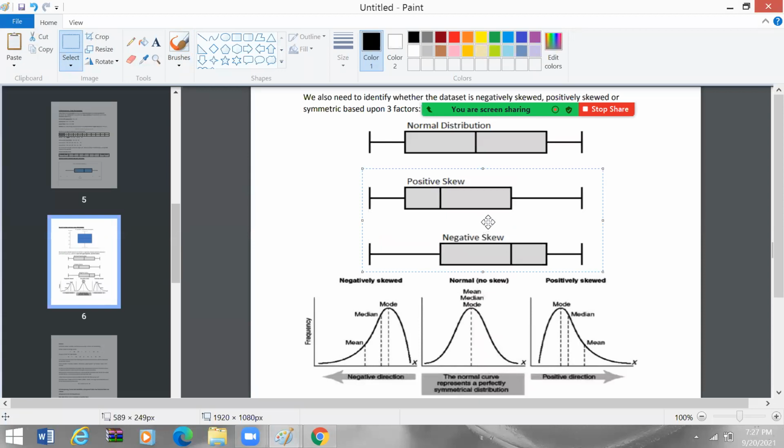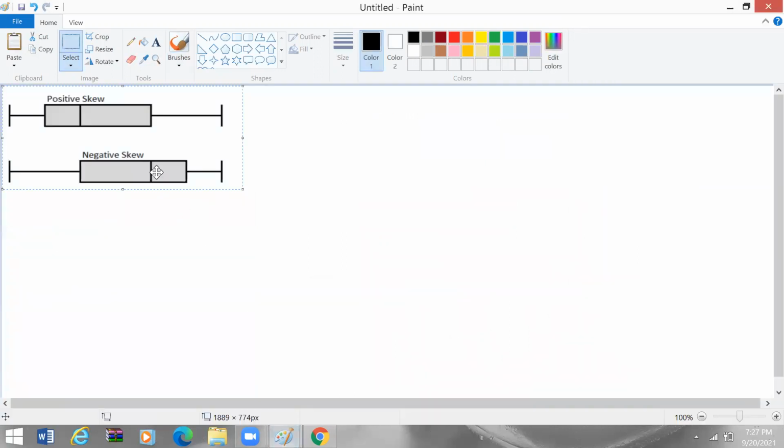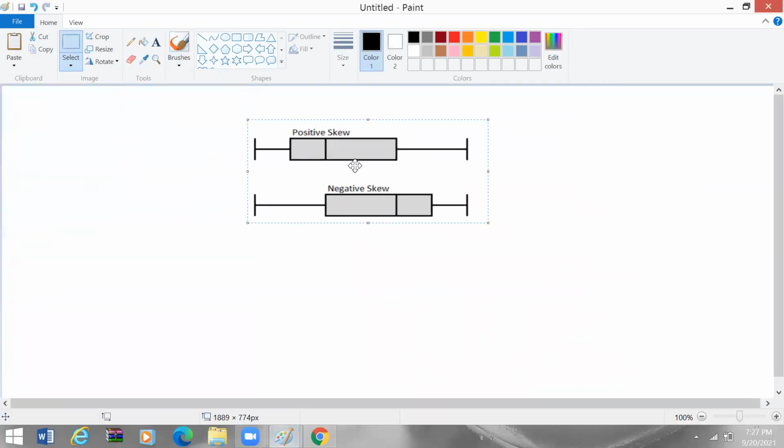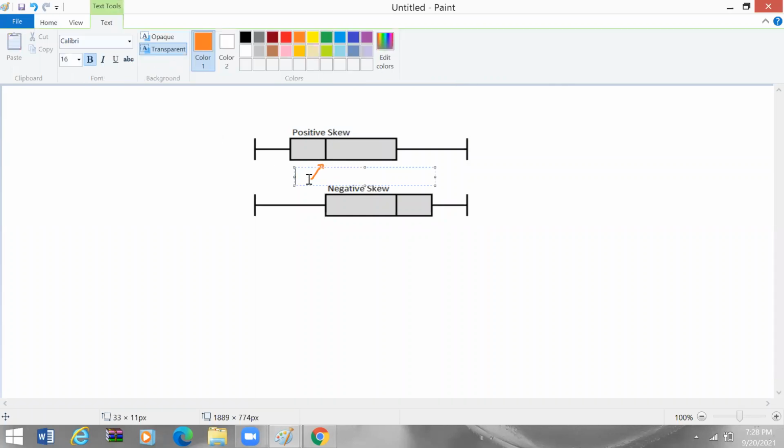Understanding the shape is pretty important because we want to see how the data set trends go. Okay, so for the positive skew, the Q2 will be right there. So this is what we have for Q2. It's going toward the left side. What does that mean by going toward the left side?